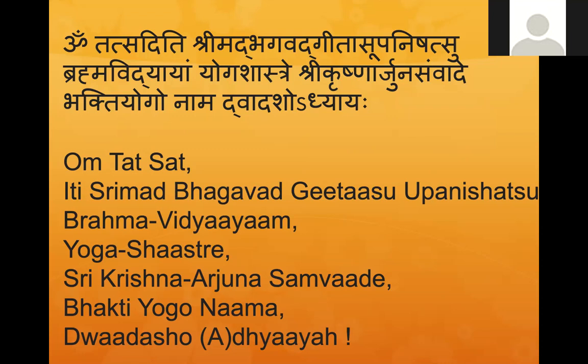It is implied. We know that it is there as part of the root, but we don't pronounce it very specifically. So that's why I wrote the A in parentheses. Adhyaya means chapter.